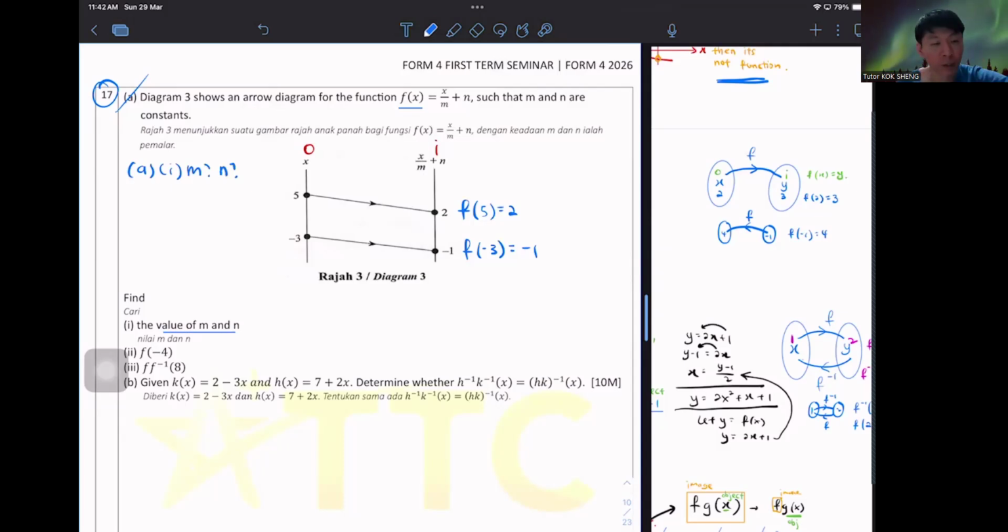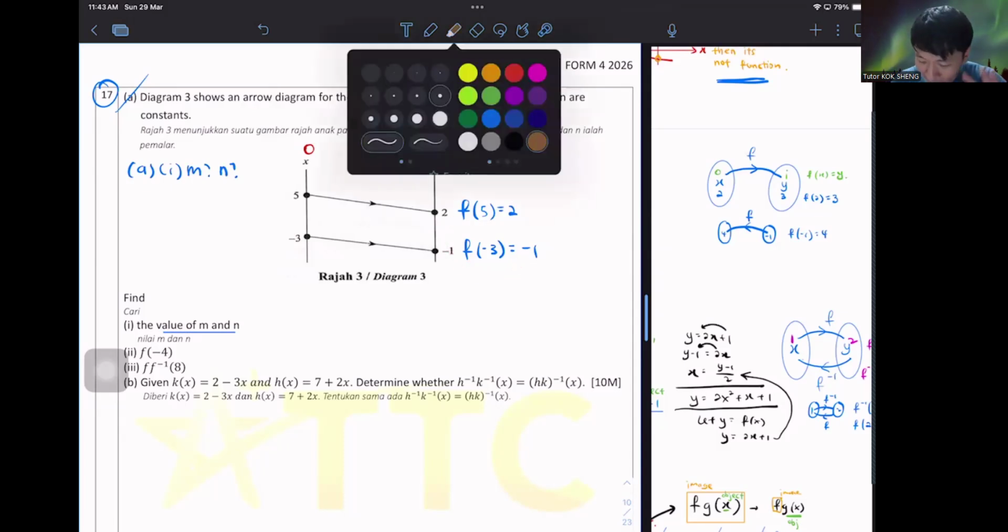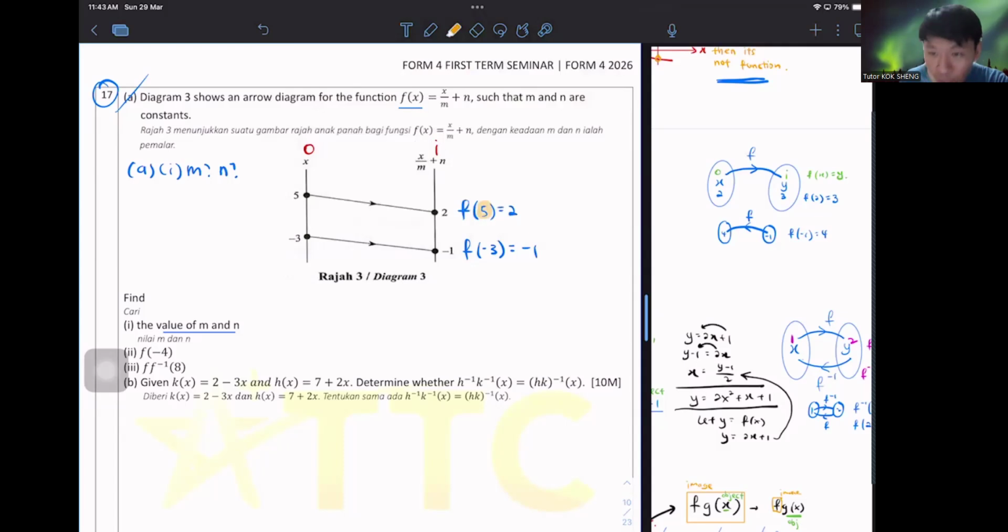Two unknowns, m and n, are in the f(x) here. So the whole question only gives you the function f(x), where the m and n are, and also the diagram with the object and image. No other things really. So the info that you can use is these two. Substitute, same again. Object, right?